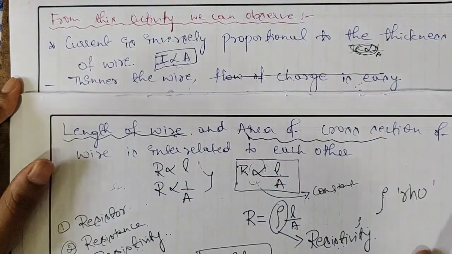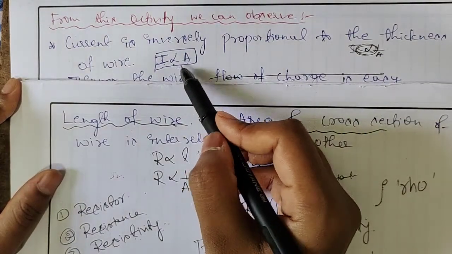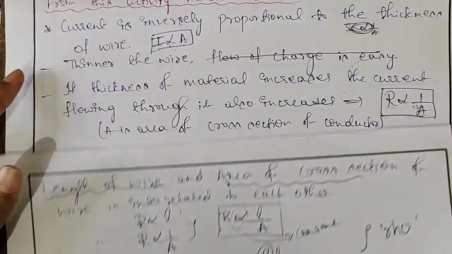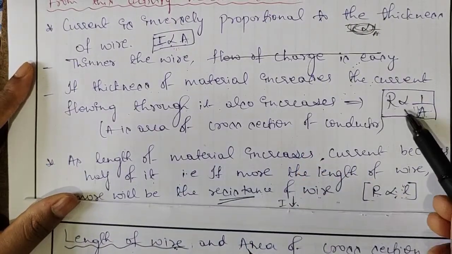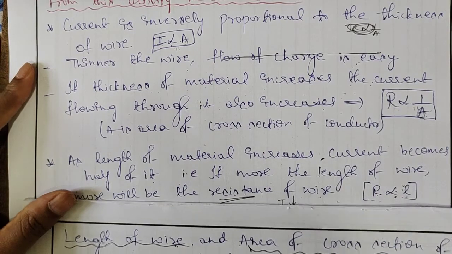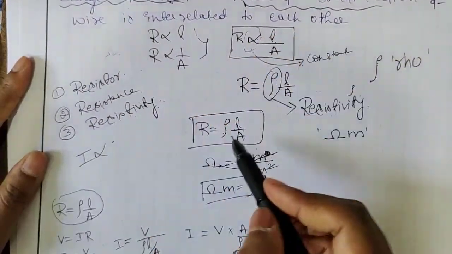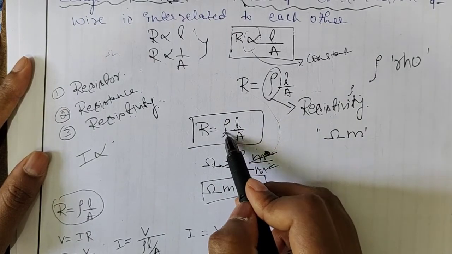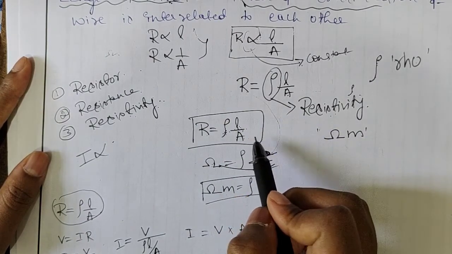Current is inversely proportional, but later after the modification we will get I is equal to A. Understood? Now from the last page, all you want to remember is about R with respect to area of cross section and about R with respect to length, because based on those two we'll be deriving this main equation which contains resistivity. Further we'll modify based on the numerical problem.